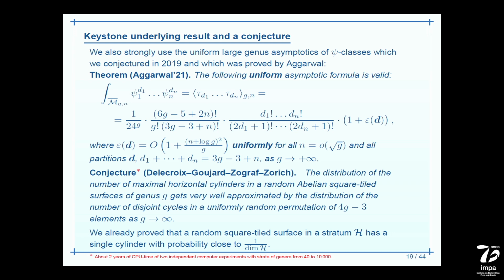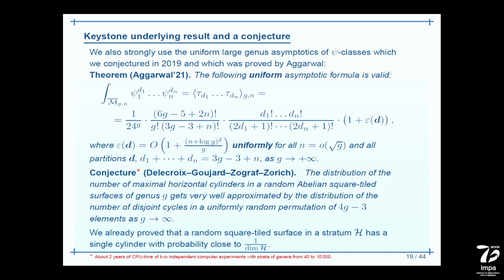I do not dare to comment about the origin where they appear in physics, but by some physical motivations, Witten conjectured something about their generating function. You see, you have tons of numbers, specified by partitions of 3g minus 3 plus n.